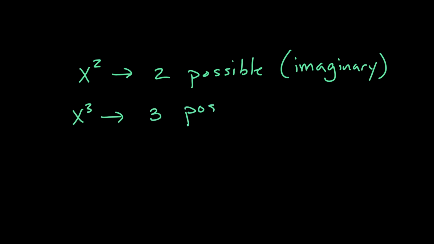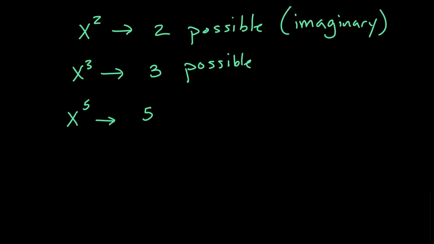Where am I getting this number from? Oh my gosh, the exponent. So how many roots could x to the 5th have? 5 possible roots. What about this? It is always determined by the leading term only.